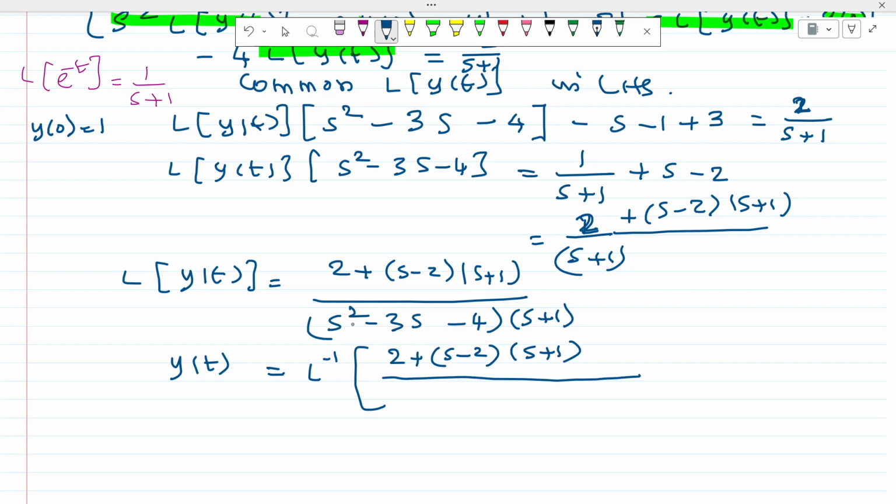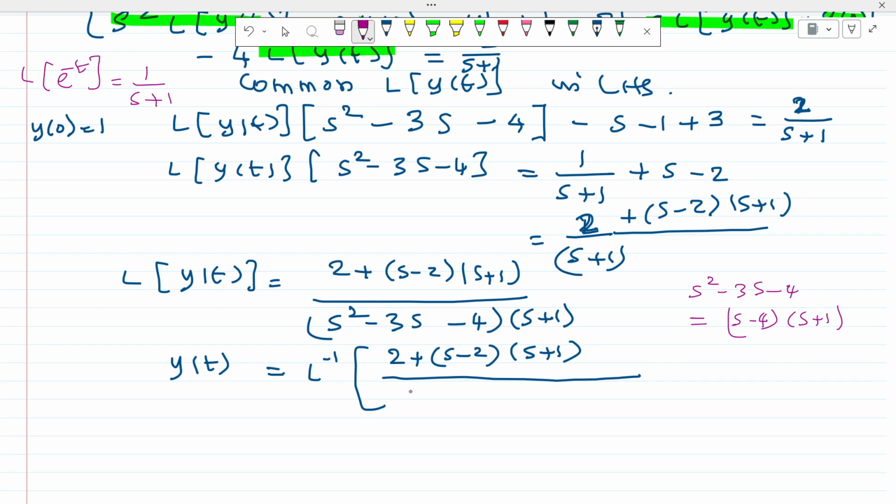the denominator, s square minus 3s minus 4 can be written as... factorize this, factorize s square minus 3s minus 4. It is s minus 4 into s plus 1.